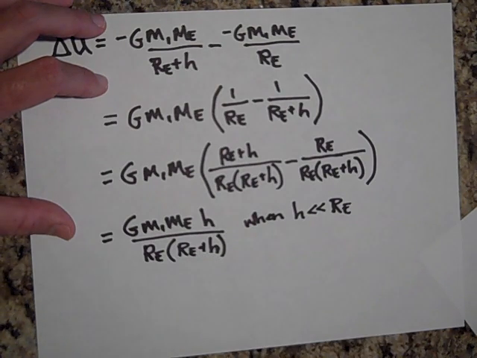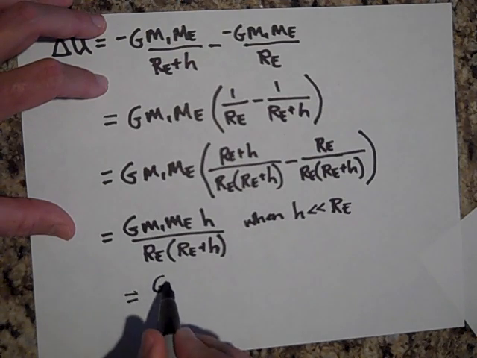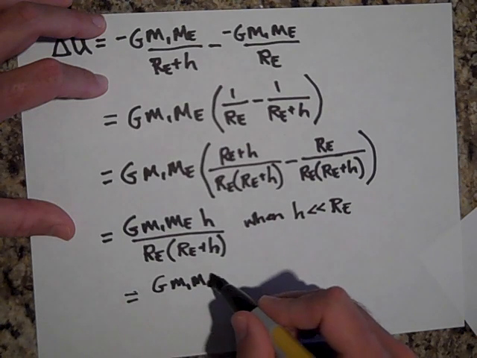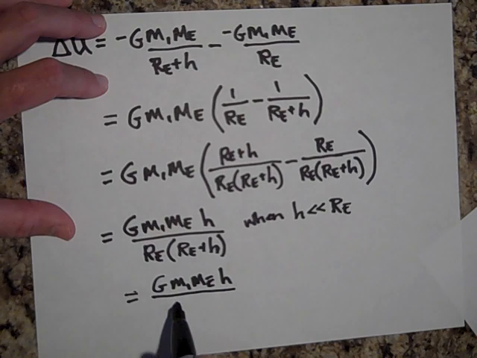And so this is going to turn into G m1 ME h, and this will basically be Re squared.